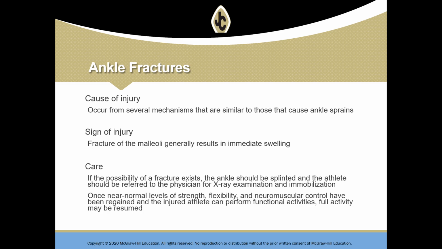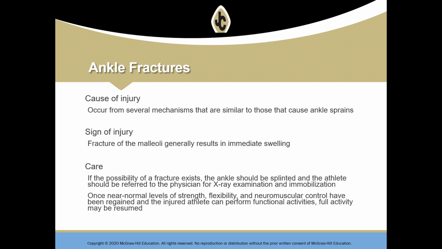Signs of the injury: fracture of either malleolus, which is the distal end of either the tibia or the fibula, usually results in immediate swelling. And with a fracture of any bone in the body, there's going to be direct point tenderness at the spot. Like this has a lot of swelling.